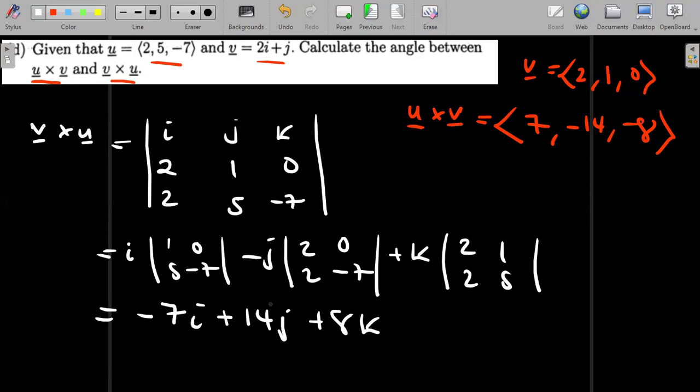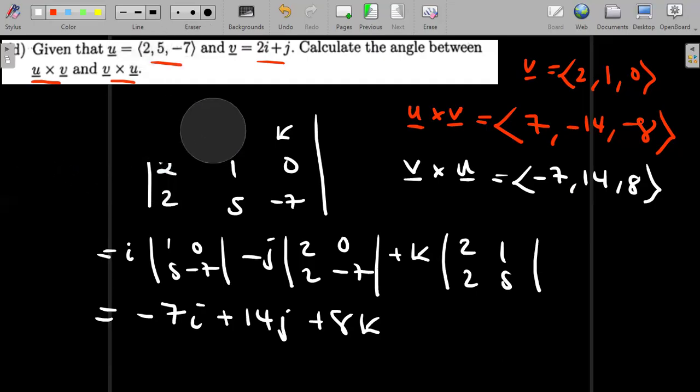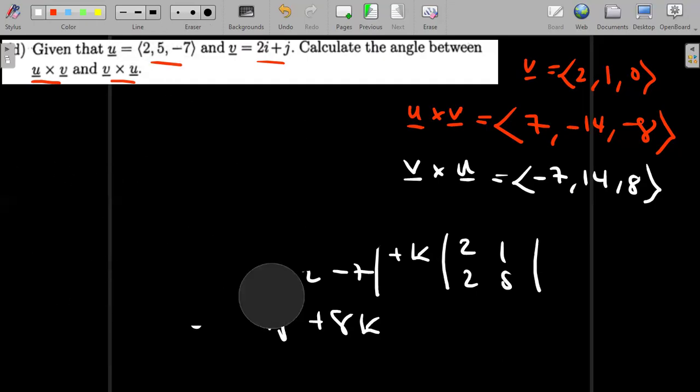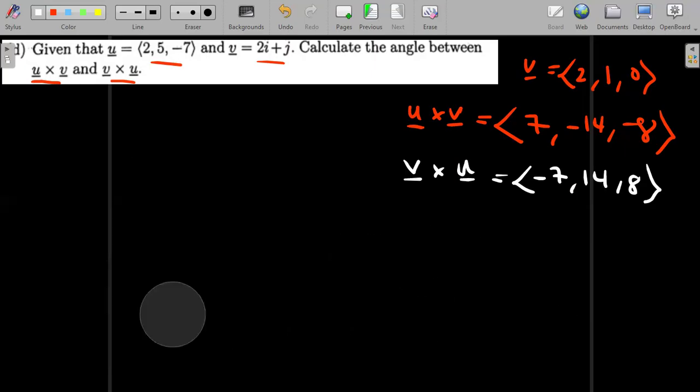So this is my vector, and I write it as v cross u, which is equal to negative 7, 14, and 8. Notice with me that the cross product v cross u is just the negative of u cross v.